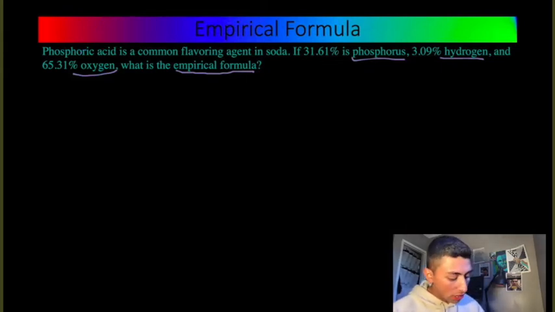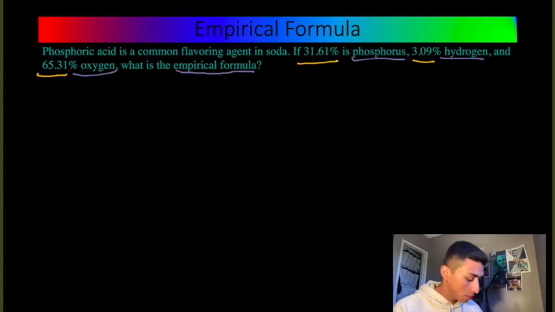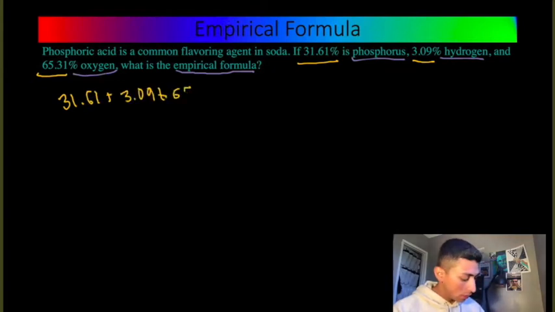And we're given the percentages of each of these. We know that this chemical compound consists of 31.61% phosphorus, 3.09% hydrogen, and 65.31% oxygen. And actually if you were to add up 31.61 plus 3.09 plus 65.31, you do get something around 100%.